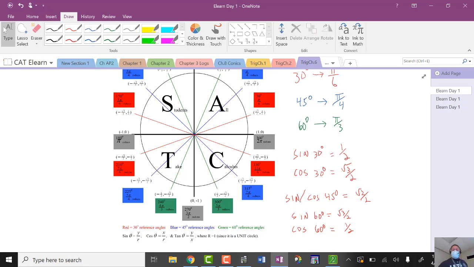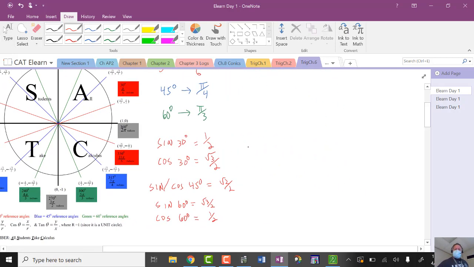Oh, and by the way, let's think of tan of 30. This is how you work the coordinates that are listed on my coordinate plane here: it is sine over cosine. And this is how you end up getting root 3 over 3, because we know how to rationalize.